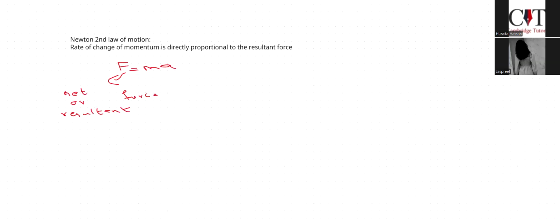So you can also say forward force minus backward force is equal to ma. Yes or no? Forward force minus backward force equals ma, since this F is our resultant force.